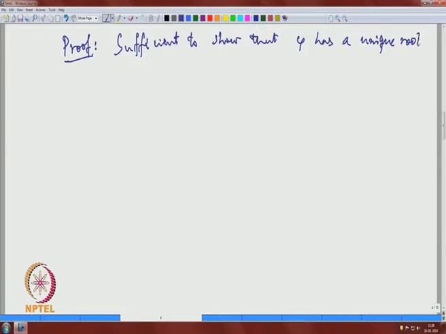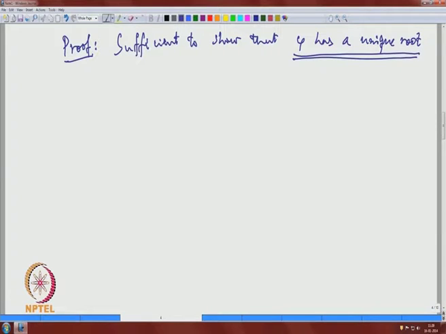Okay. So, if you just recall the conclusion of theorem 1, the BVP will have as many solutions as the roots of phi. So, if we show that phi has a unique root, then the BVP will have a unique solution.